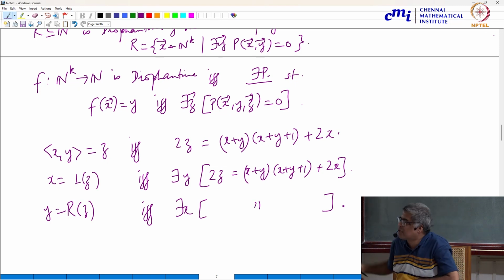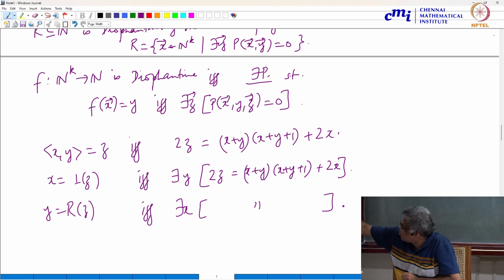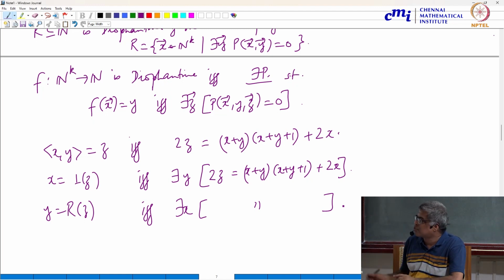Yeah, the same equation you write, except in one case the parameter is x and the variable is y. In the other case the parameter is y and the variable is x. Is it clear so far? I'm just doing some very simple things. I'm introducing a lot of notions, but it's all quite elementary, right?